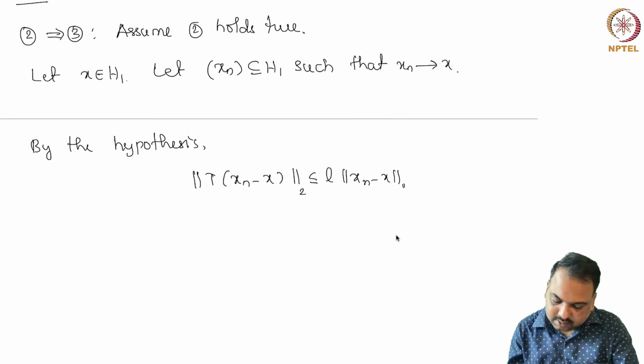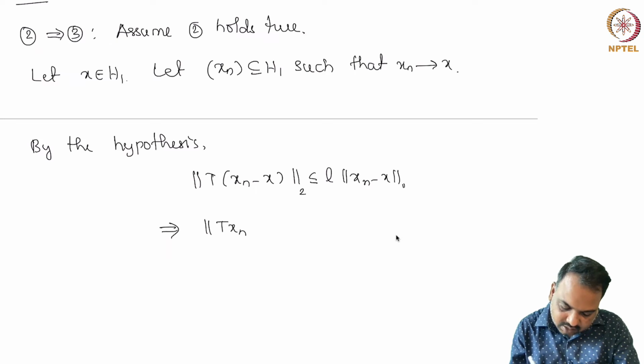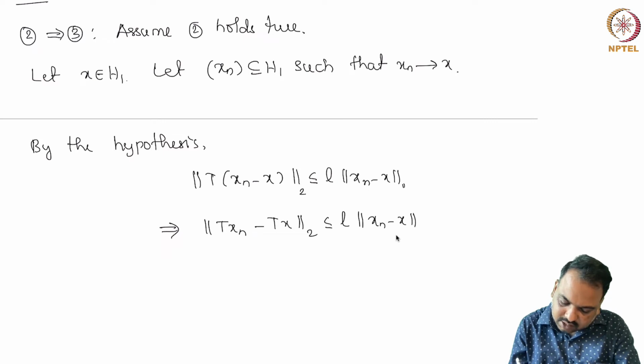So this is nothing but norm of Txn minus Tx is less than or equal to L times norm of Xn minus X. This is in 1 now.